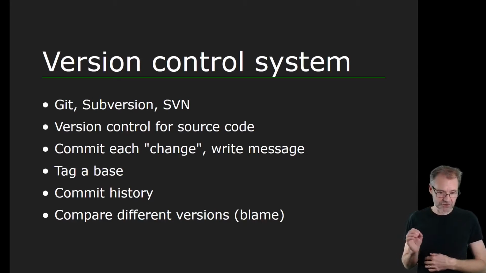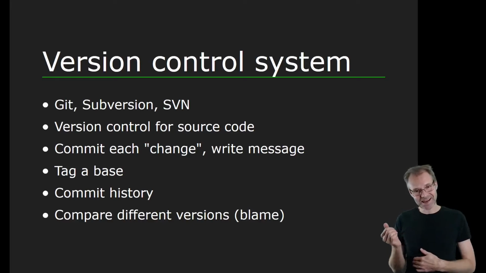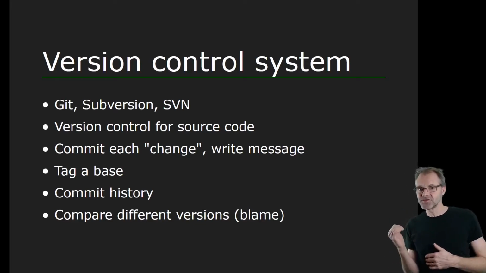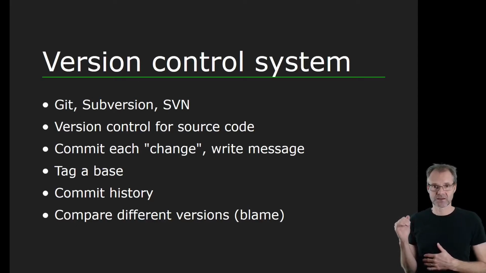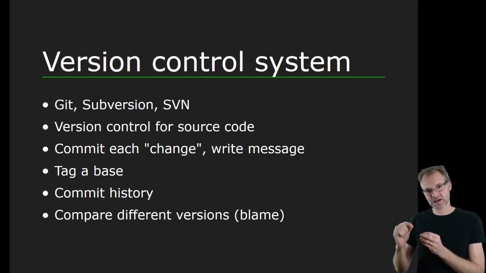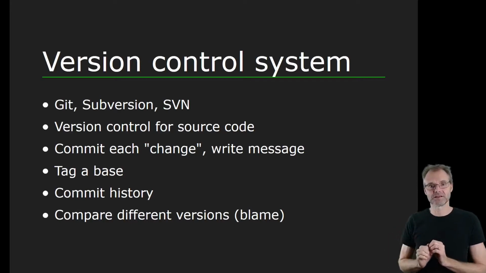They are version control for source code, and the basic idea is that each change to the code, each feature perhaps, that we add or fix, we do a commit. And when we do a commit, we write this change into the commit history.